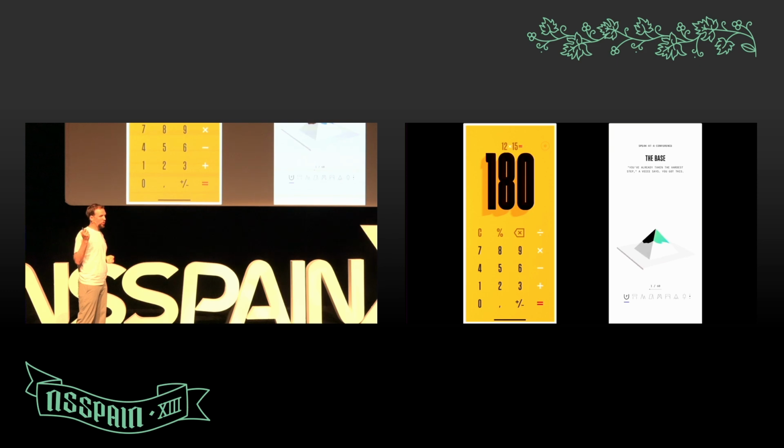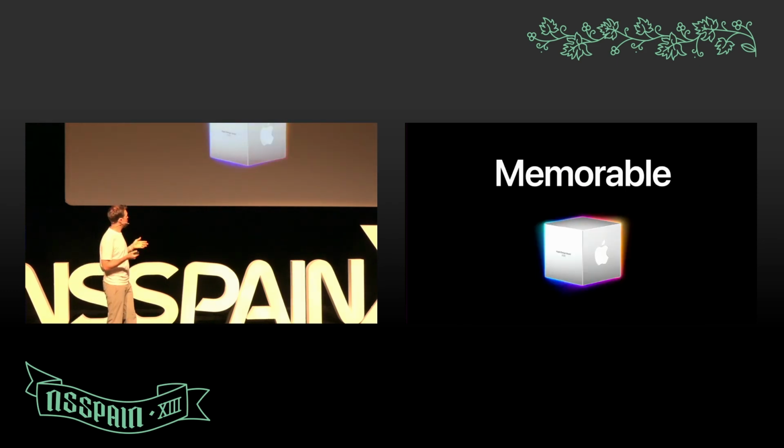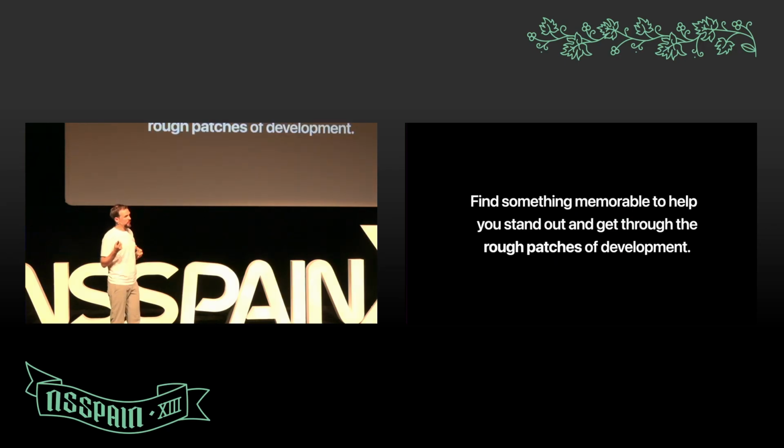And so all of those apps have something memorable, and all of those apps have won an Apple Design Award at one time. So the core message here is that you should find something memorable to help you stand out, which is kind of the obvious part, but also it's super important to have that to get you through the rough patches of development, because you will run into the rough patches of development sooner or later.